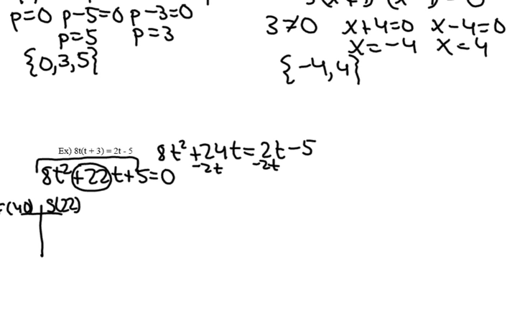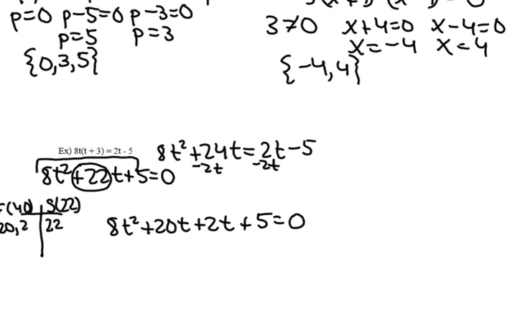Well, that's going to be 20 and 2, because 20 times 2 is 40, and 20 plus 2 is 22. So I'm going to rewrite this, but instead of 22t, I'm going to use the factors of 20 and 2 to rewrite: 20t plus 2t plus 5.